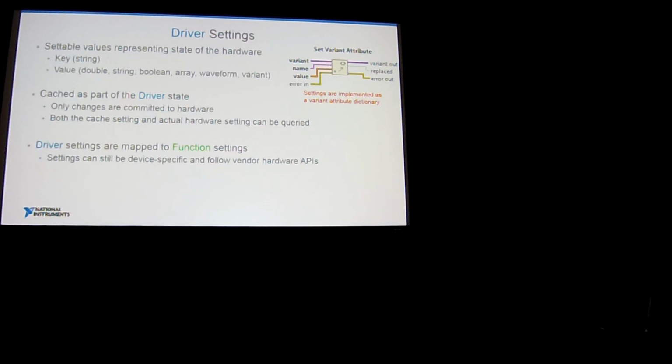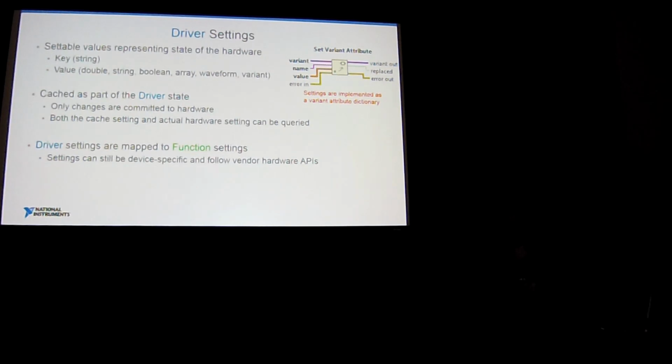So just a reminder of what these settings are and how we're storing them, that we're storing them consistently at all. I put a little screenshot up there on the right for those interested. It is a variant lookup in LabVIEW. We're basically making a dictionary of settings that we're keeping track of, which means it can have a string as a key, and you can store any value in it.